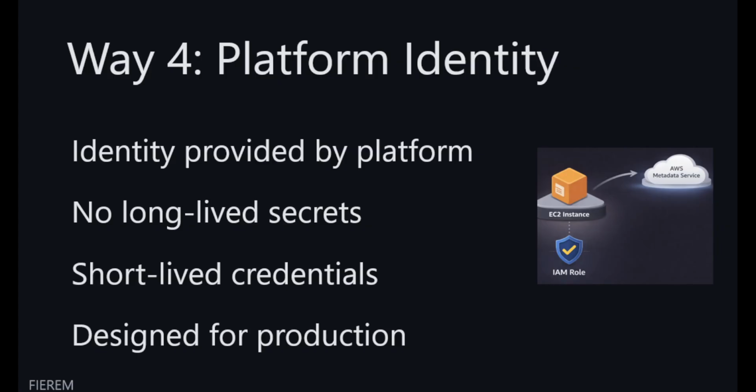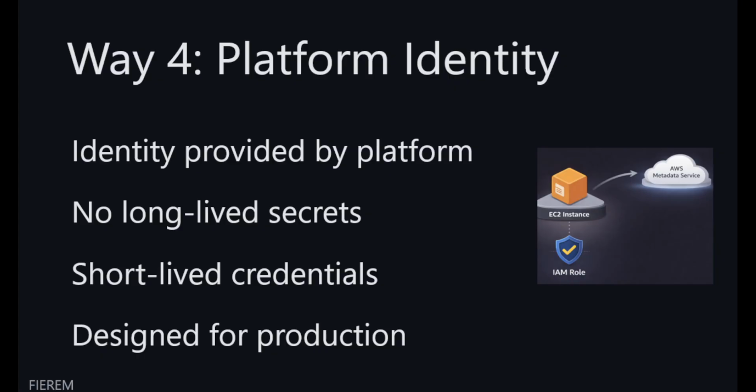Way 4 is platform identity. This is the cleanest path in production. Terraform runs somewhere inside a trusted platform, and that platform provides identity automatically. Examples include a VM identity, a container task identity, a Kubernetes service account using OIDC, a managed identity, a workload identity federation flow.